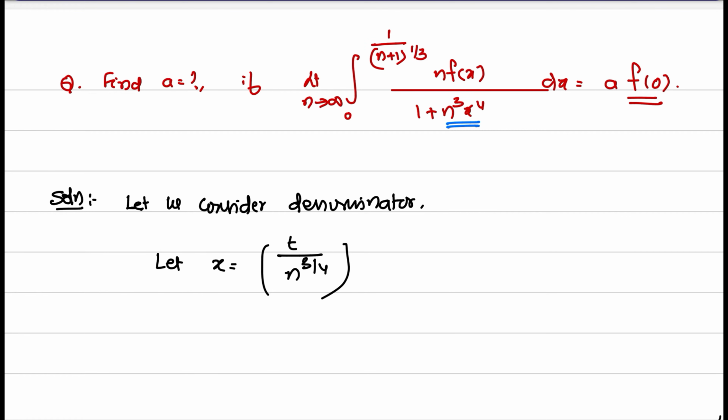Then what happens here? n to the power of 3 by 4 into x is equal to t. That implies n cube into x to the power of 4 is equal to t to the power of 4. Do you agree?